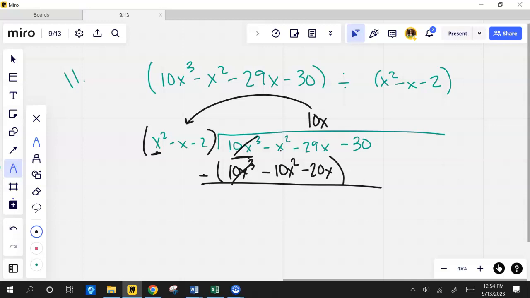Negative x squared minus negative 10x squared. Negative 9x.